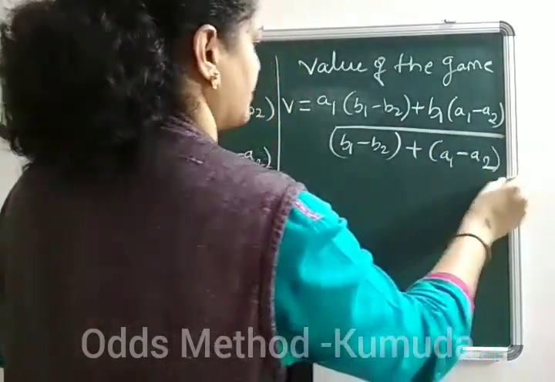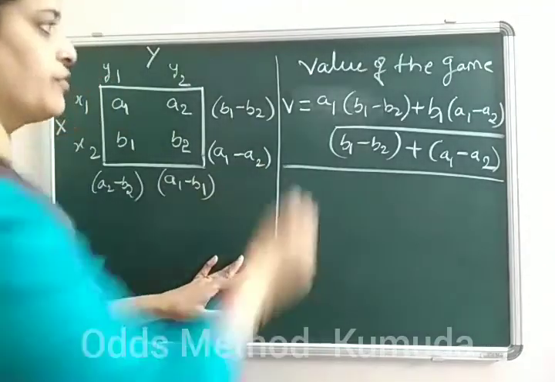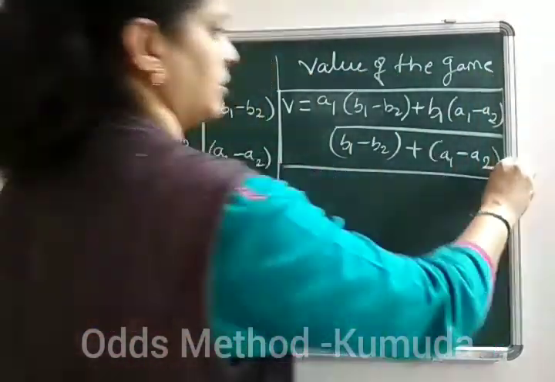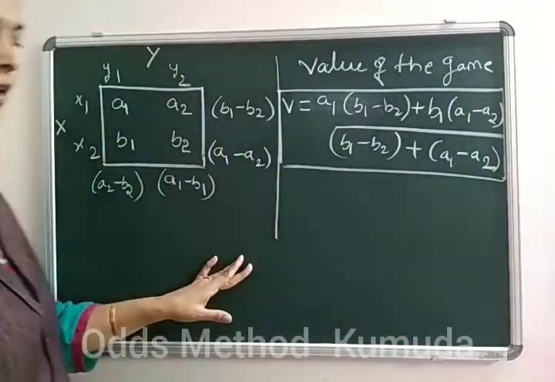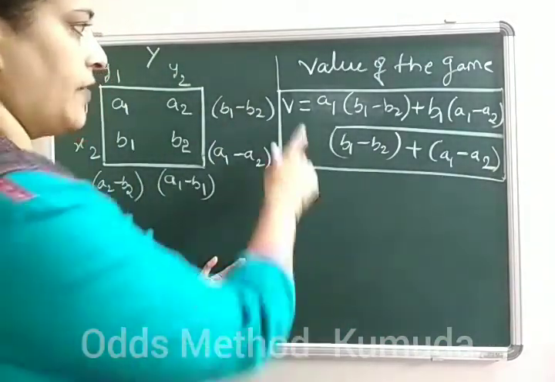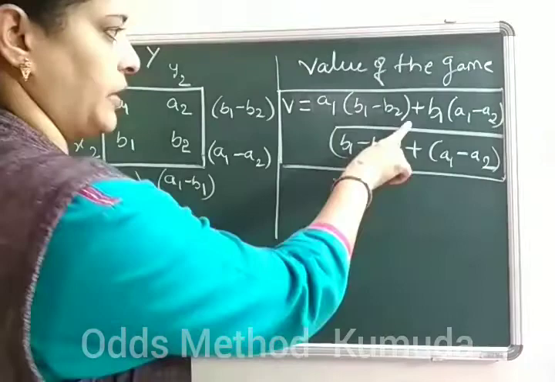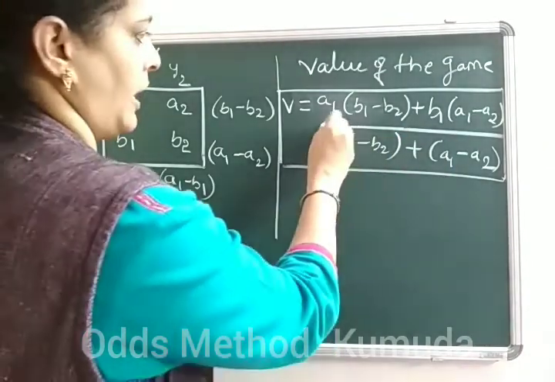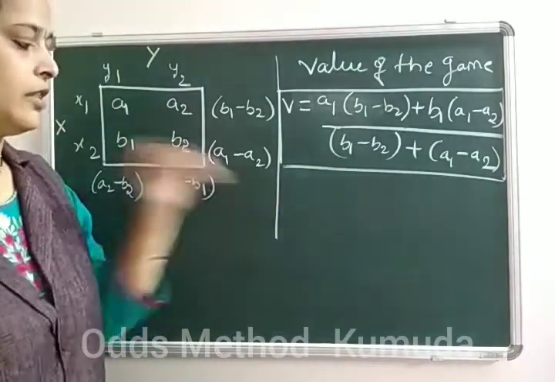So this gives the actual formula to find the value of a given game. Once we find the odds, we calculate the value of the game as A1 into B1 minus B2 plus B1 into A1 minus A2, divided by B1 minus B2 plus A1 minus A2. This is the value of the game.